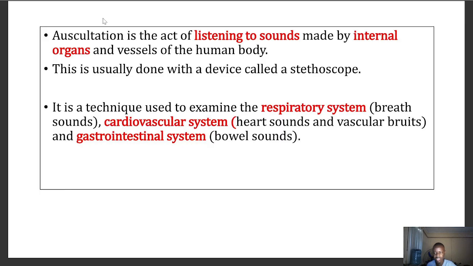We mainly do it using a device termed a stethoscope. I don't have a physical one currently, otherwise I would have shown you.